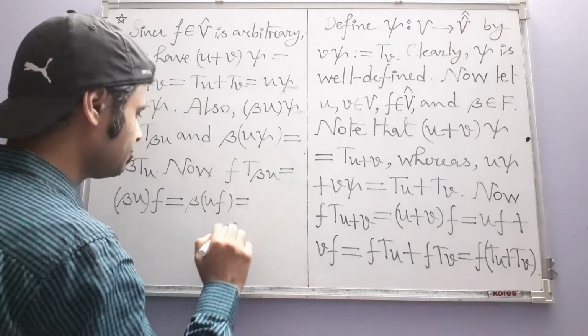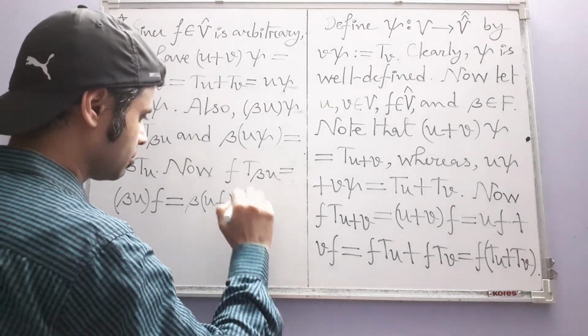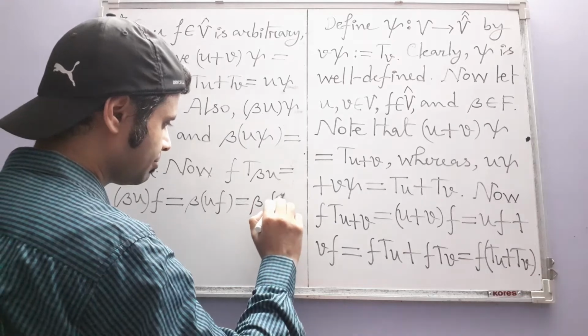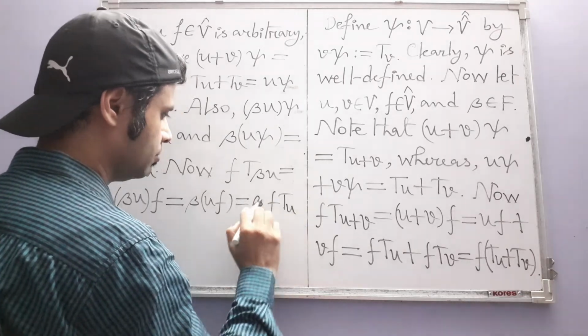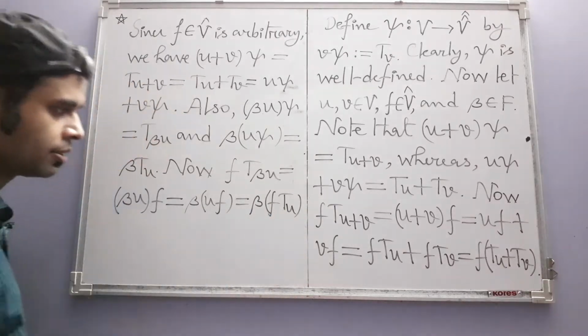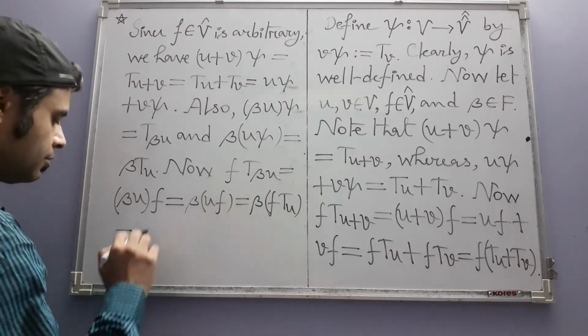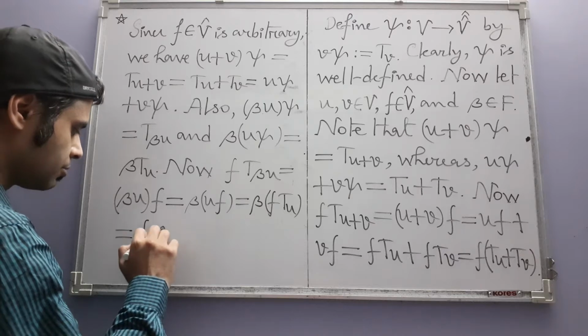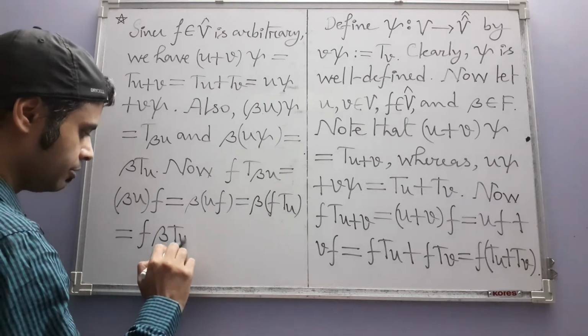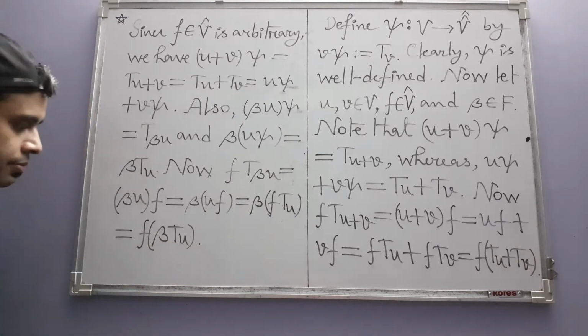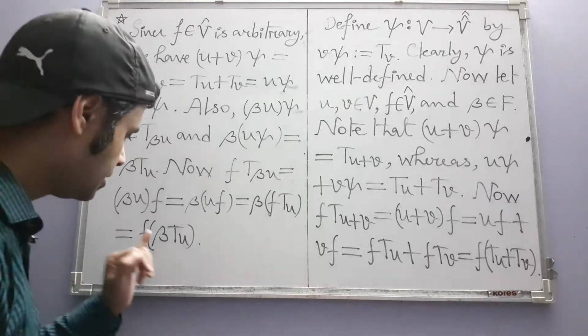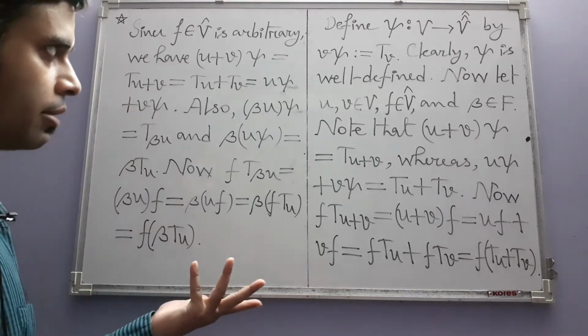but u f is what? U f is f of T u by the definition of T u. Now if I write this is equal to beta T u, will you understand? You see, T u is what?